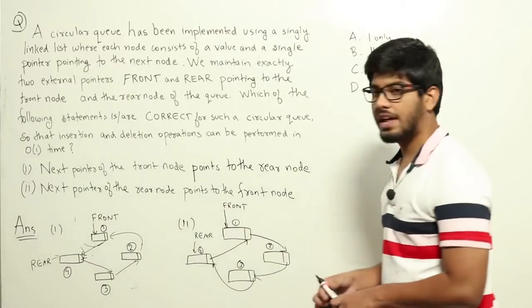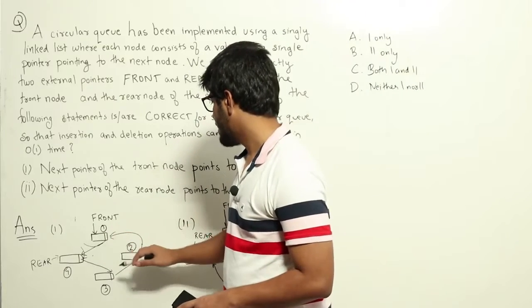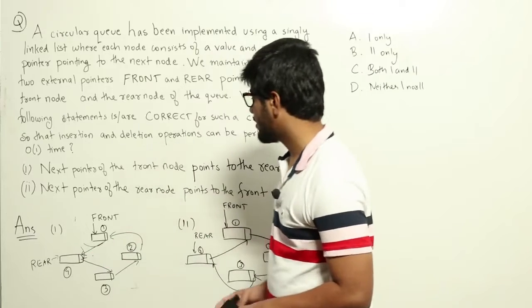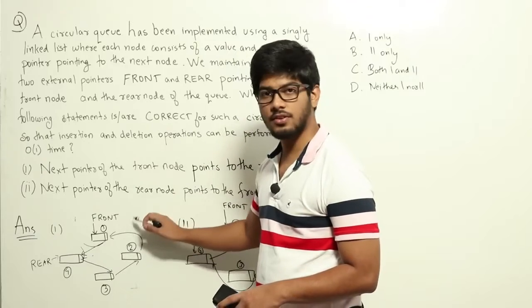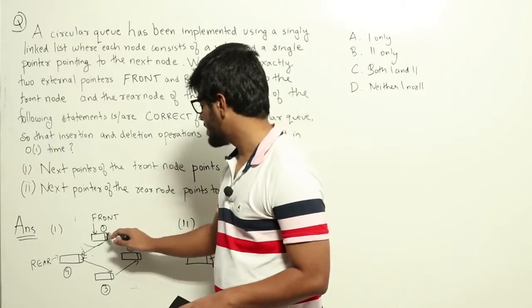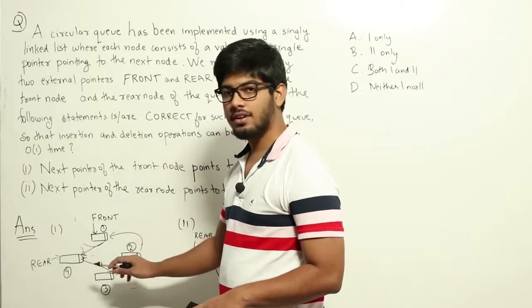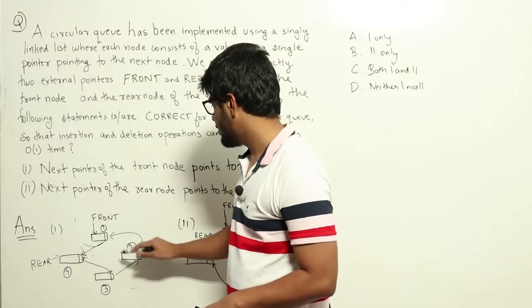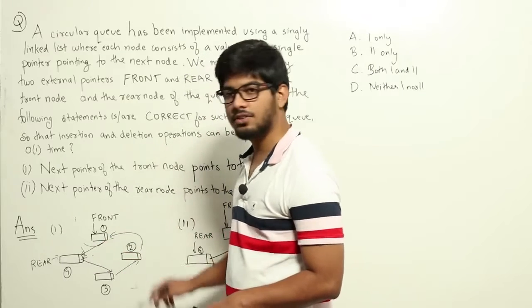Now let us try deleting from here. Deletions should happen from the front node. So what I should do is delete this node, make this one the front node, and then this should point to the rear node. Now after deleting, for making this the front node, I need to know the address of this one. But in the current front node, only the next address of rear is stored. In rear, the next address of this is stored. So in order to reach the address of this one, node 2, from front I need to go to rear, and I need to traverse like this, and I should reach the second node.